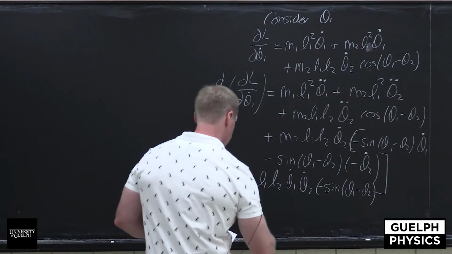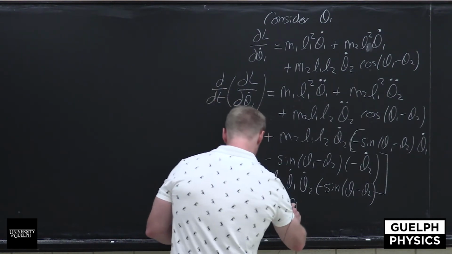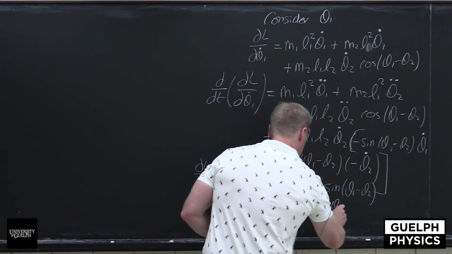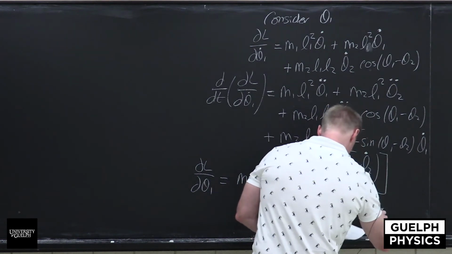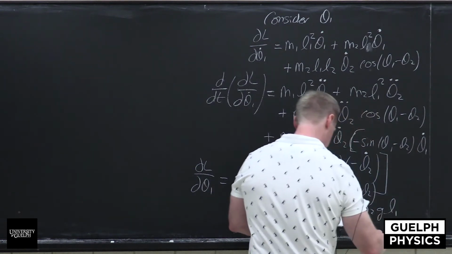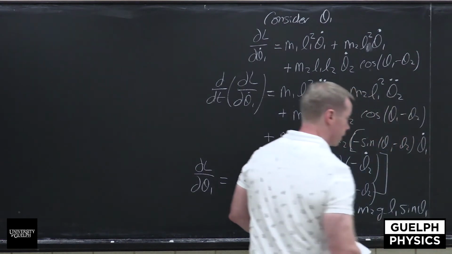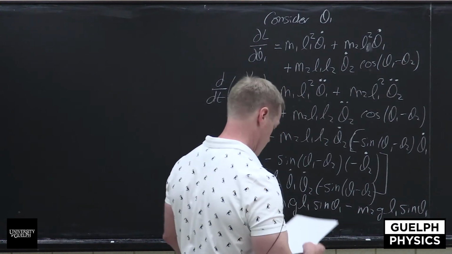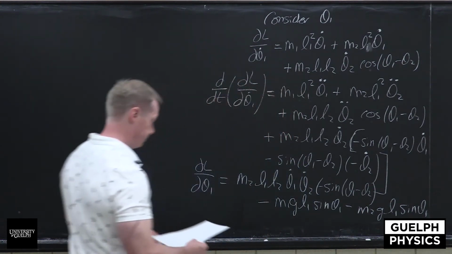So there'll be a minus m1 g L1 sine theta 1 minus an m2 g L1 sine theta 1. Okay.